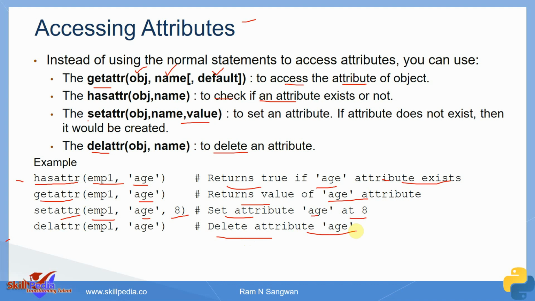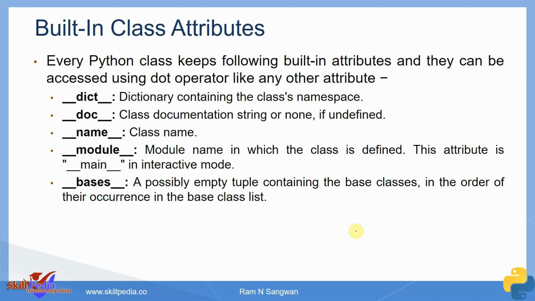Similar to the methods we use to get metadata about the attributes, there are built-in class attributes. As I mentioned, the second example was about these built-in attributes.